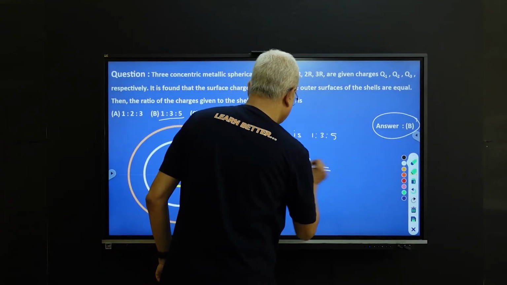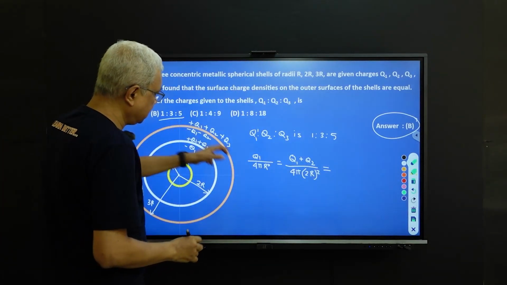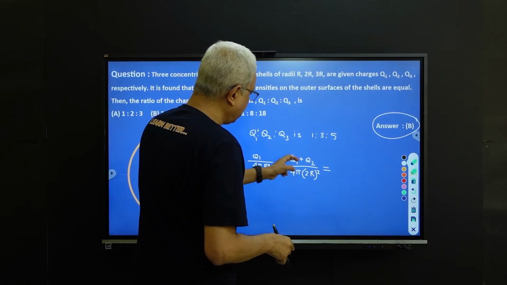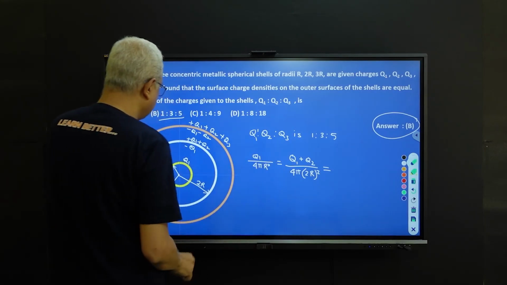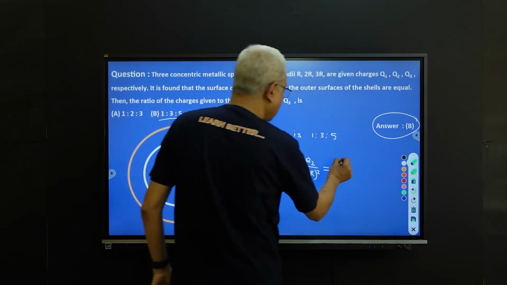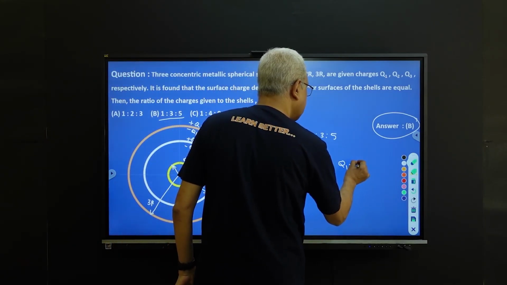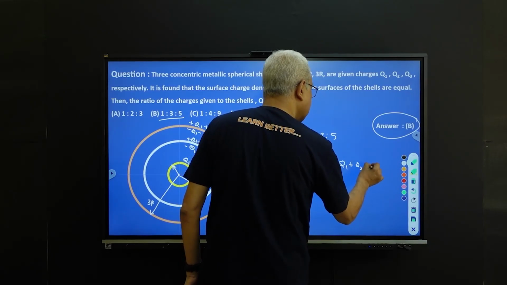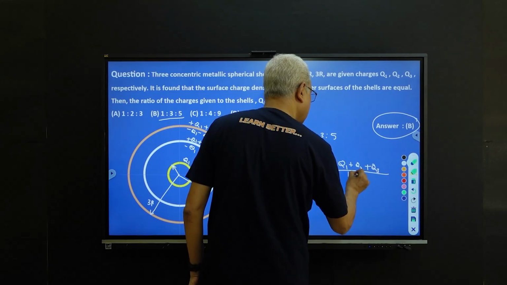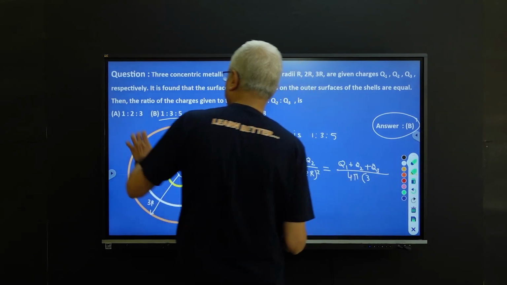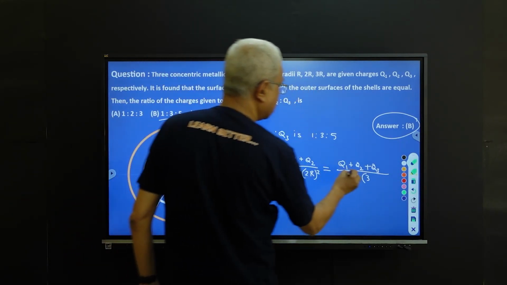This is the first equation, and this is also equal to Q1 plus Q2 plus Q3 by 4 pi into 3r whole square.